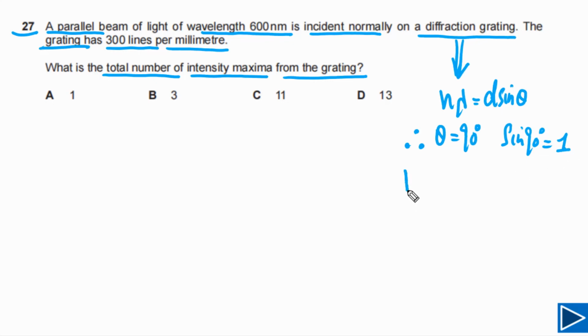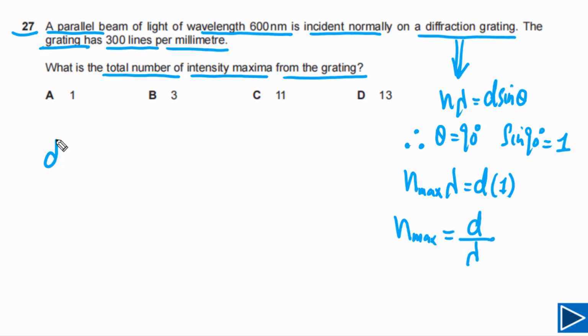Now from here, I can simply say n maximum on one side times lambda is simply equal to d times 1, because sine of 90 is 1. We need to find out n max. So n max is simply equal to d over lambda. But d is not given to us; the grating has 300 lines per millimeter.